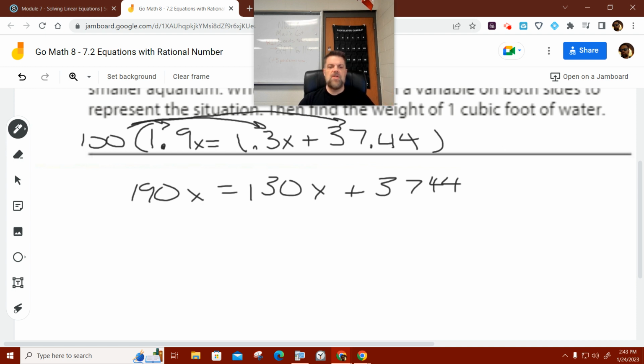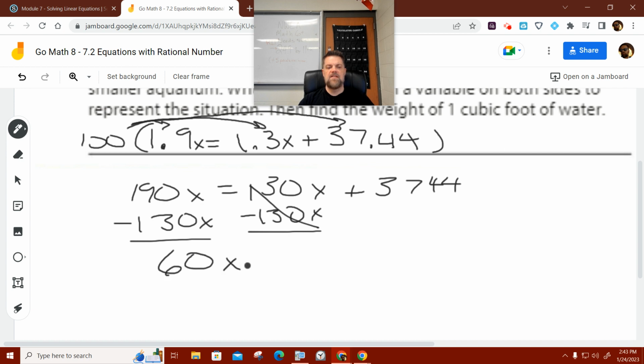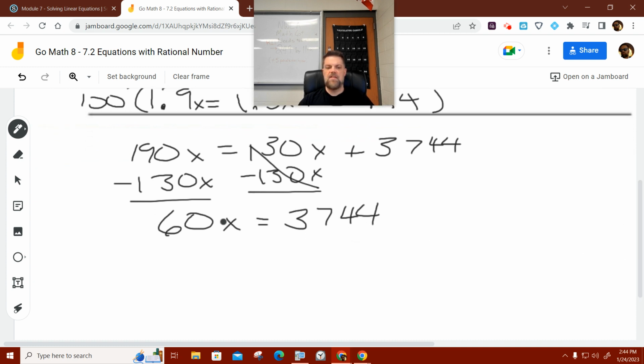All right. So now I want to get x equals some stuff, so I'm going to move this 130x, because that's the smaller of the x's, over to this side by subtracting 130x from both sides. These cancel, and I get 60x on this side is equal to 3744. What do I do next, guys? Well, actually, we do the opposite of multiply, which is divide by 60 on both sides.